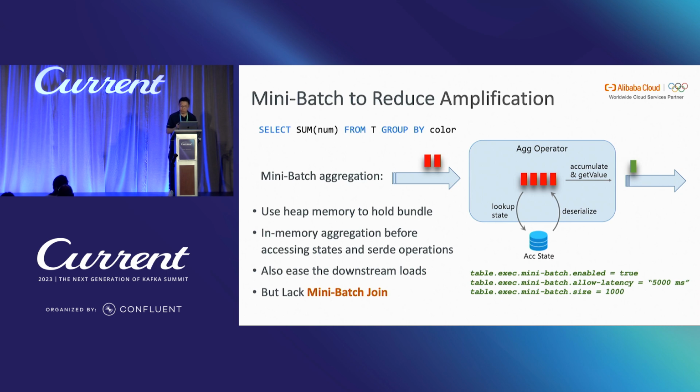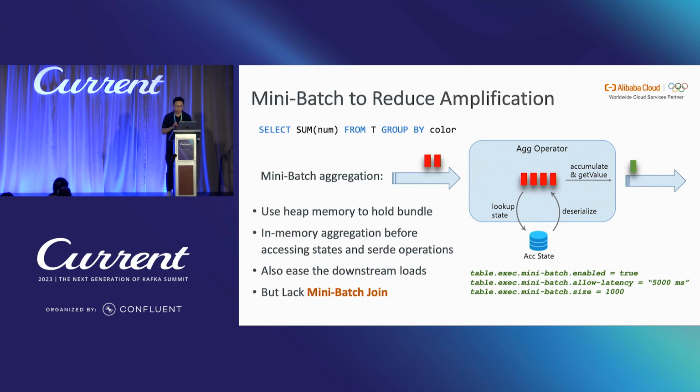So this will reduce the output amount and reduce the load on downstream nodes, because for a single key, multiple records, multiple update before and update after will be reduced to 1.